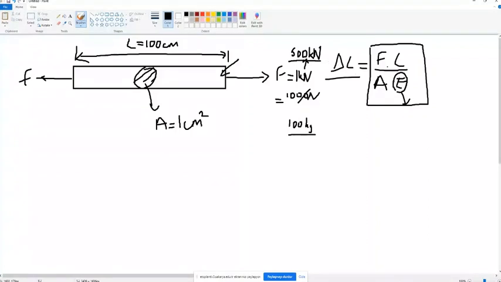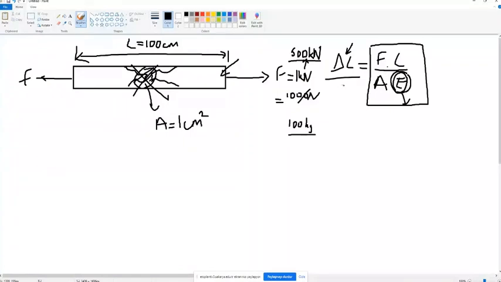You will calculate the deformation. But because the force value is so high, this is modulus of elasticity. You won't get the correct result of delta L. Maybe the bar will come here, like in the tensile test, and it's going to demolish it.